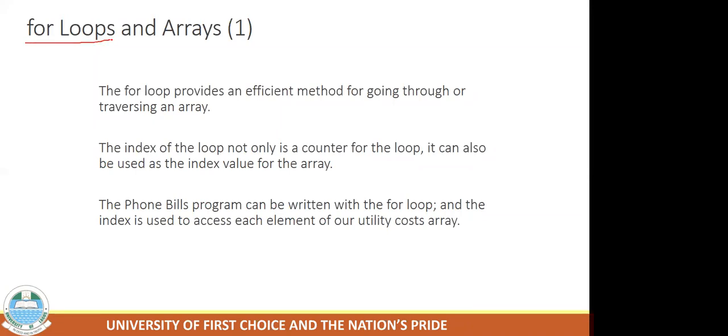We've talked about the for loop before, when we were doing our iteration. We said with the for loop, you can allow the compiler to execute a statement a certain number of times. So the for loop is used when you know the number of times you want to execute.